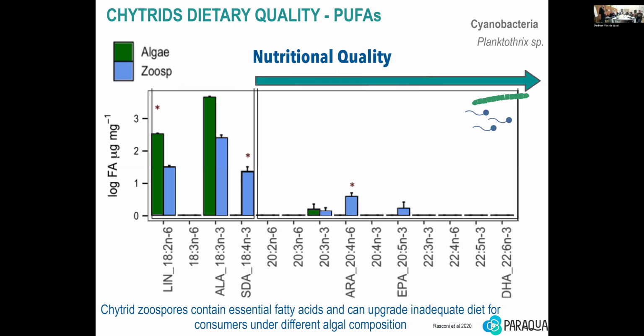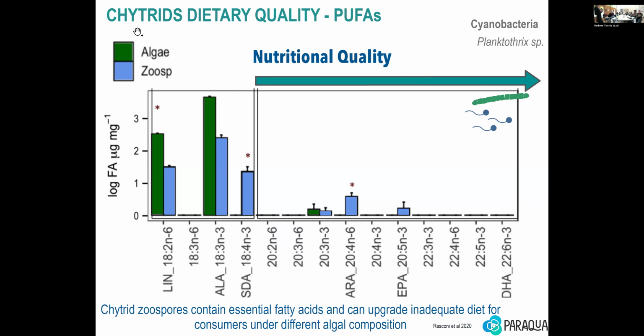And coming to the polyunsaturated fatty acids, zoospores were rich in short chain fatty acids, but they could also start having a biochemical profile that was improved and different compared to their host. So we start understanding that chytrids can really act as trophic upgraders. There is really an improvement in the nutritional quality that the zoospore can have compared to their host.